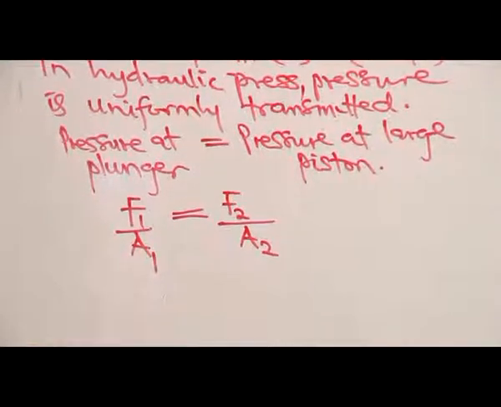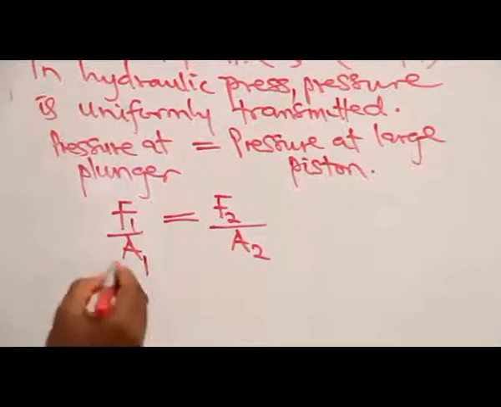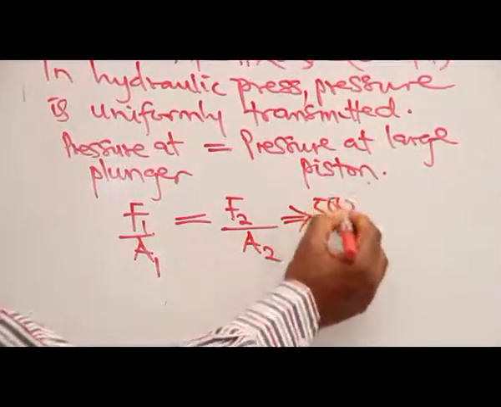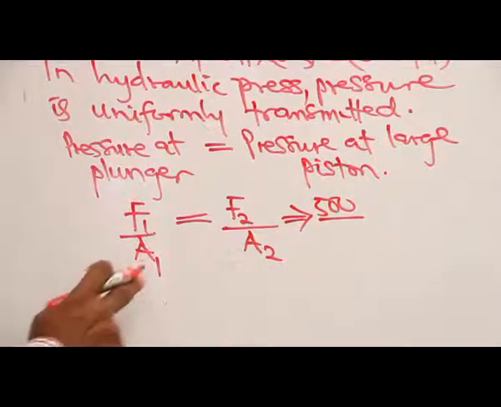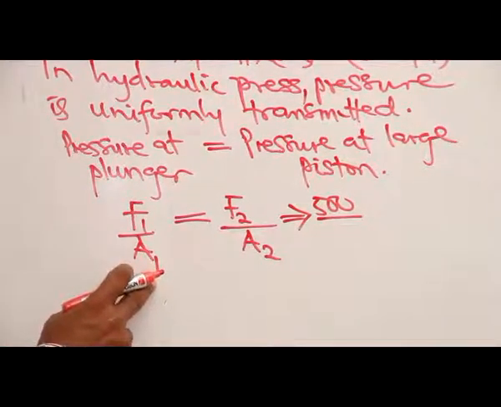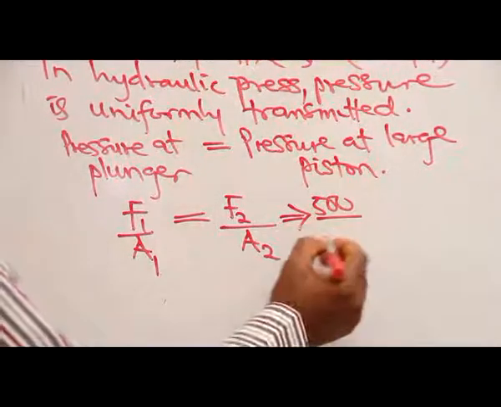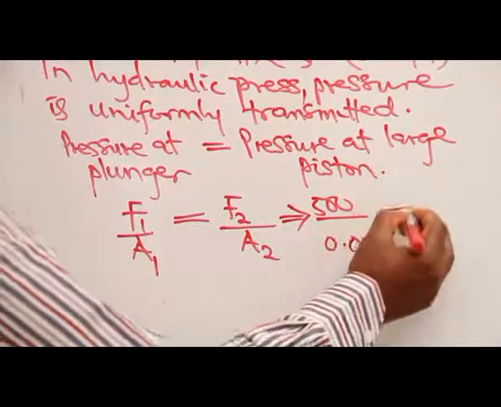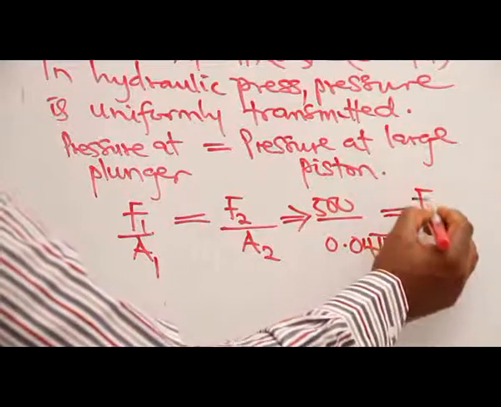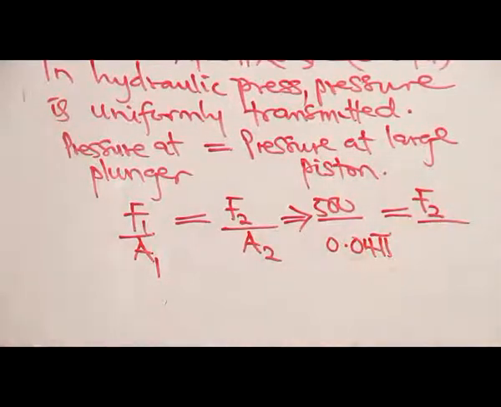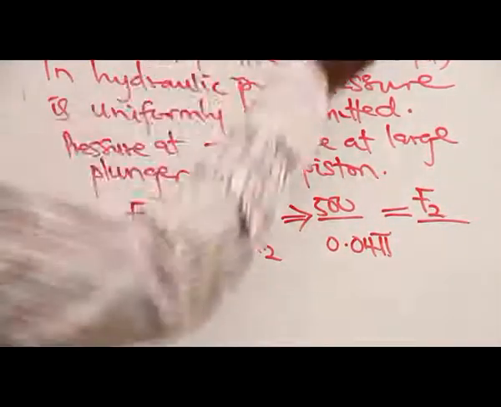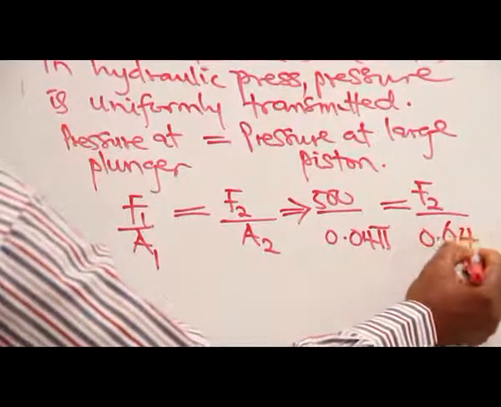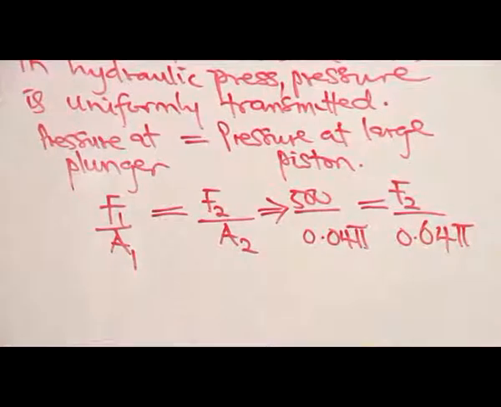Now we are told that the force at the plunger is 500. This means that 500 divided by the area of the small piston, 0.04 pi, is equal to the force at the large piston divided by the area of the large piston, 0.64 pi.